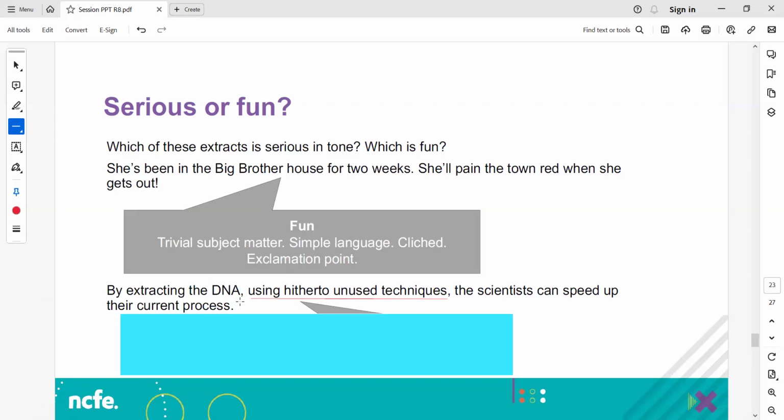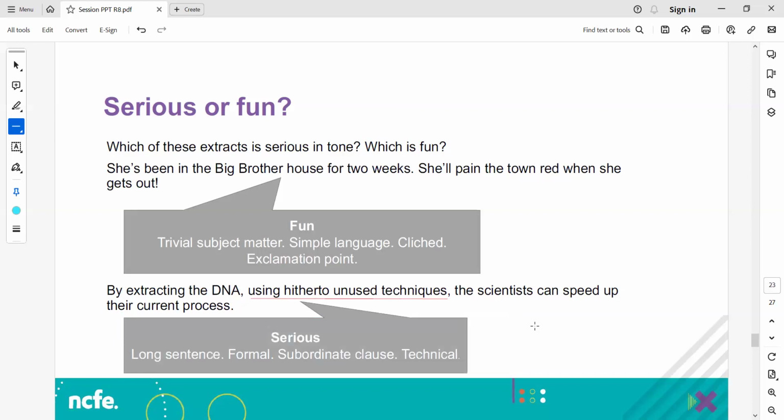So in a serious piece of writing, we're more likely to see complex sentences rather than simple sentences. It's complex. And the language as well: extracting, hitherto, techniques. So it's more serious language, vocabulary. So it's a long sentence or a complex sentence.